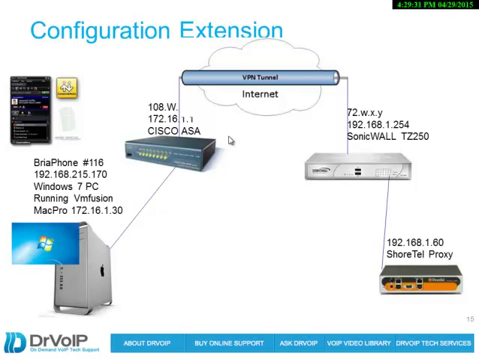Bringing up a SIP trunk on a Shoretel switch or bringing up a SIP extension on a Shoretel switch, it's very simple. And we've got some video clips that'll show you how to do that. But figuring out why something doesn't work is a little more complex. And I'm hoping that this explanation of request and response and Wireshark will help you sort that out.